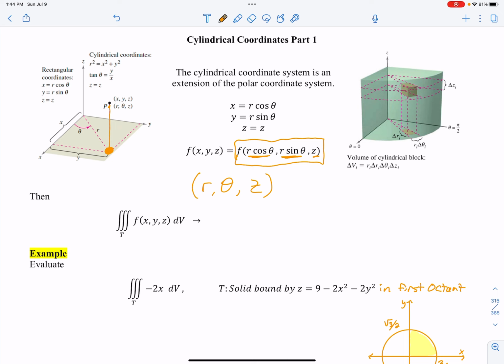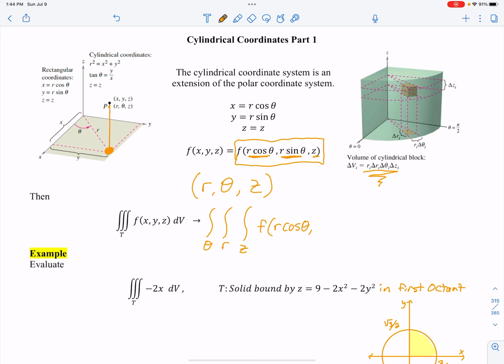All right, so this little thing here again comes back from polar, where this r happens. That r is still going to happen. So this is what it's going to look like. We're going to have some integral of theta, some integral of r, and some integral of z. And then we're going to have whatever function was here in terms of what we wrote down.